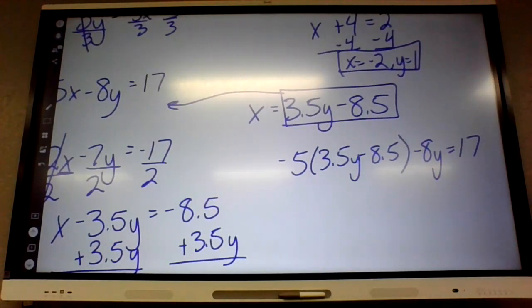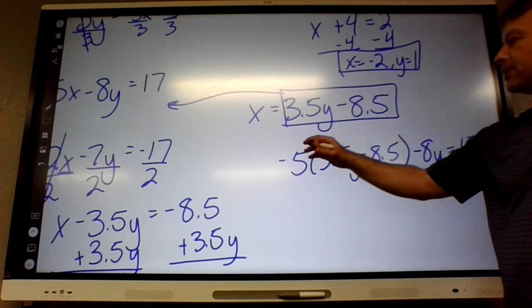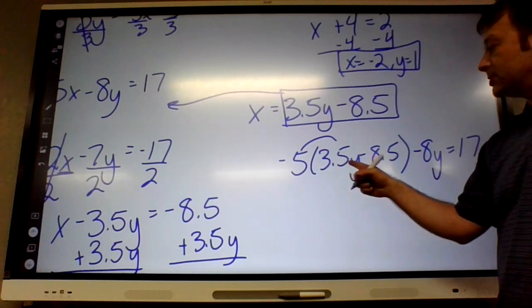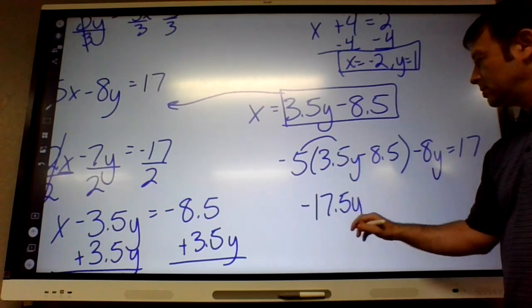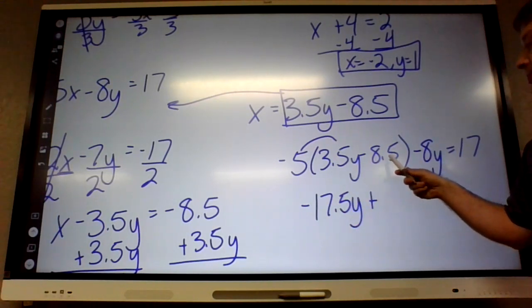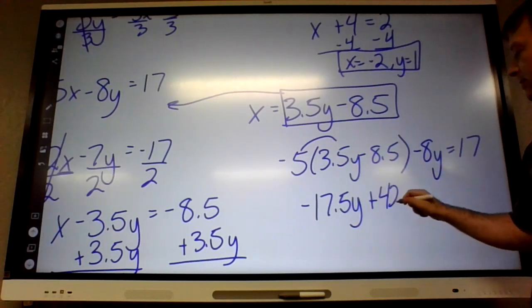So same stuff, there's just fractions or decimals. You're doing the same thing. So this would be minus 17.5y plus 42.5.